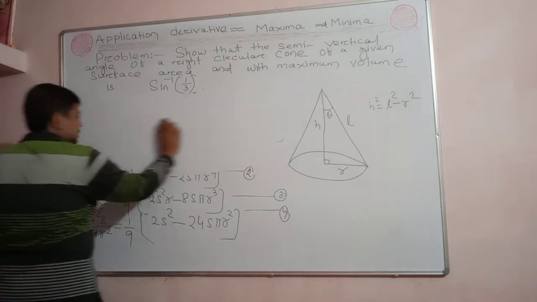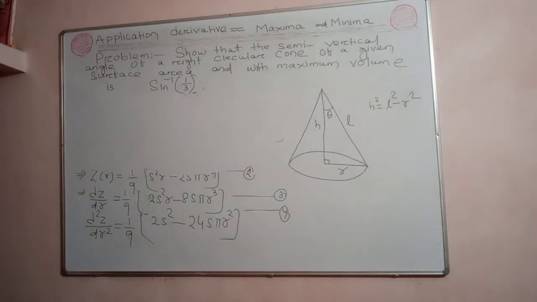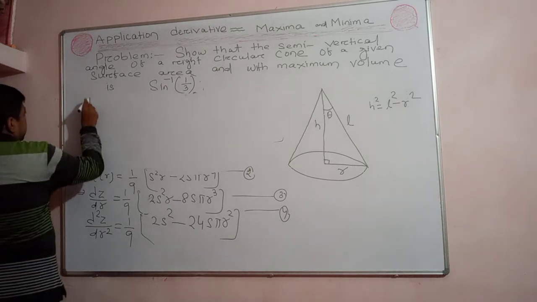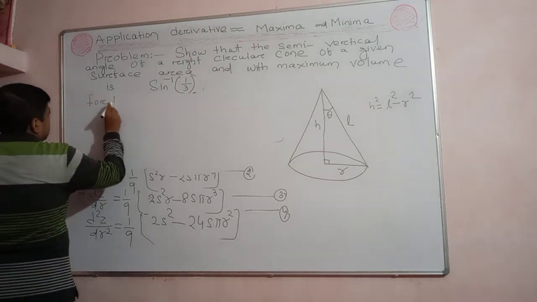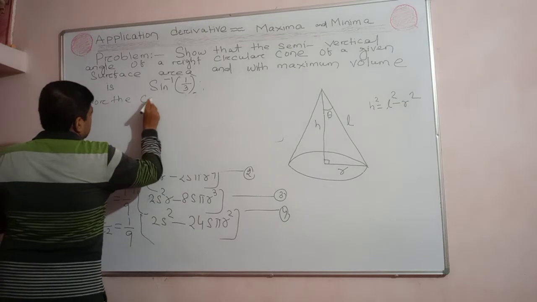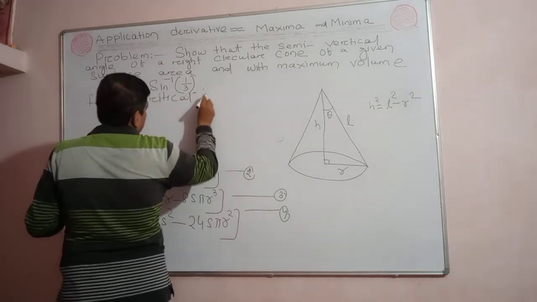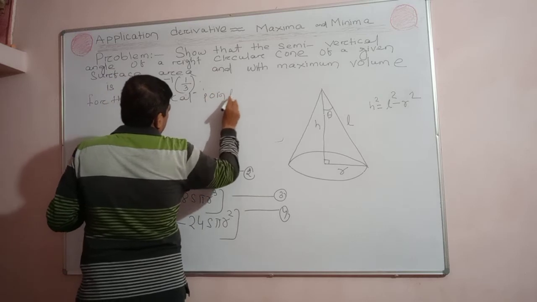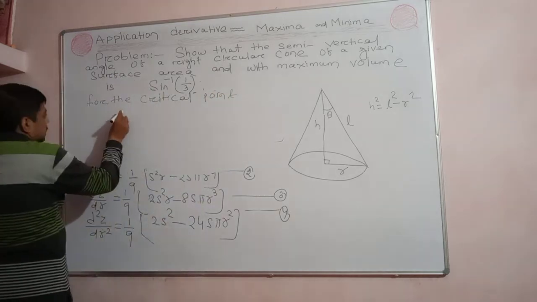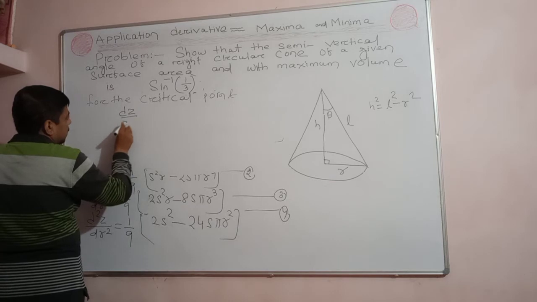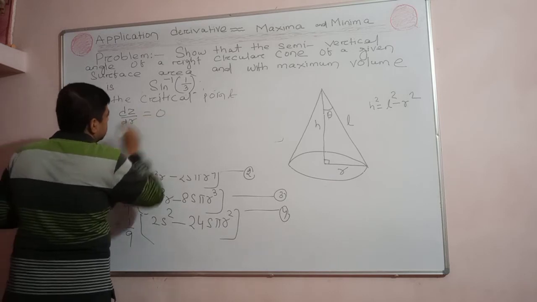Now let's see. For the critical point, dz by dr is equal to 0.